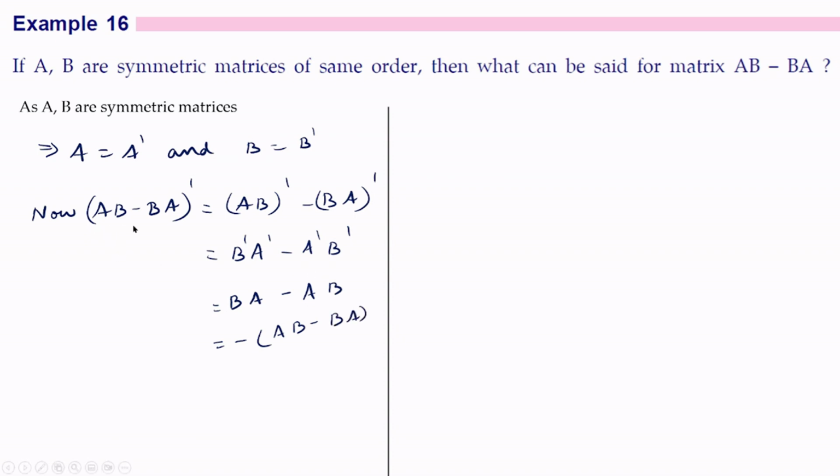So we considered AB minus BA the whole transpose, and we got this equal to negative of AB minus BA. So we have seen, if A transpose equals negative A, then A is skew symmetric. So this implies AB minus BA is skew symmetric.